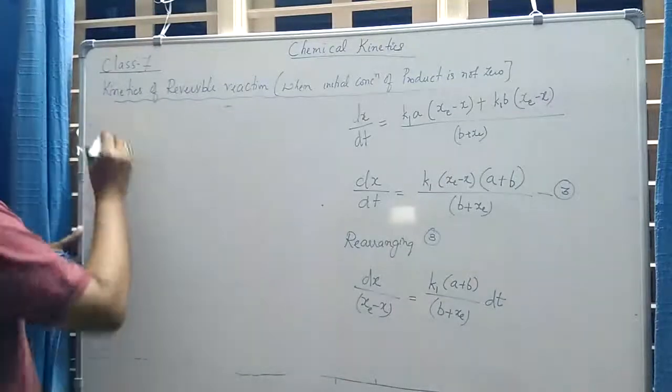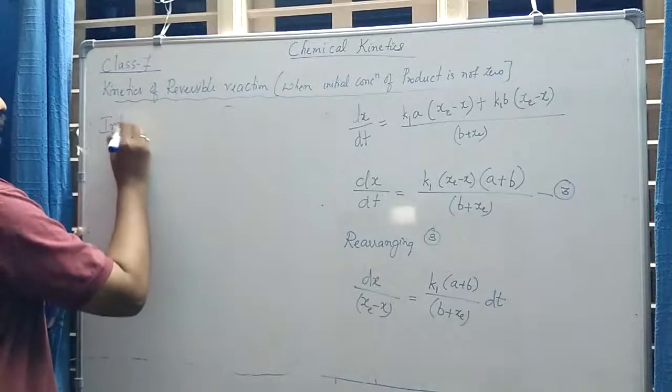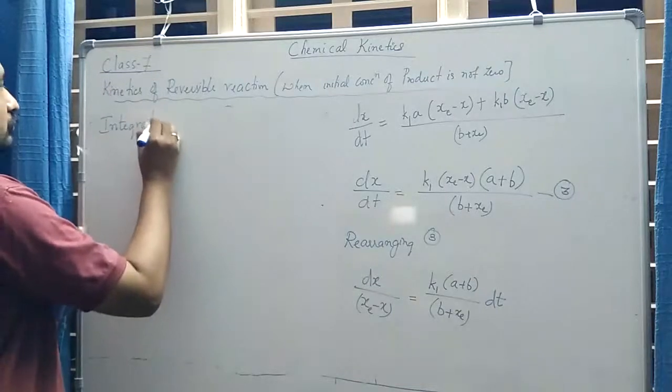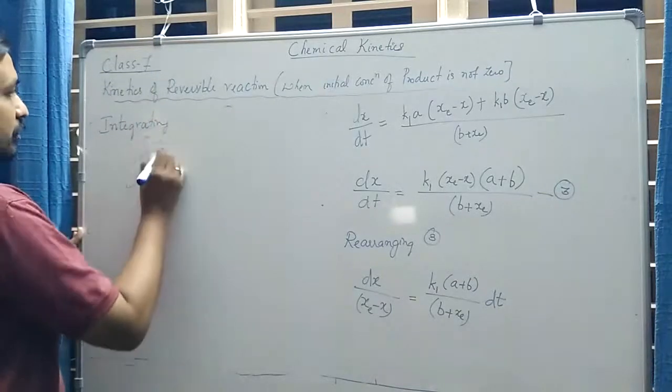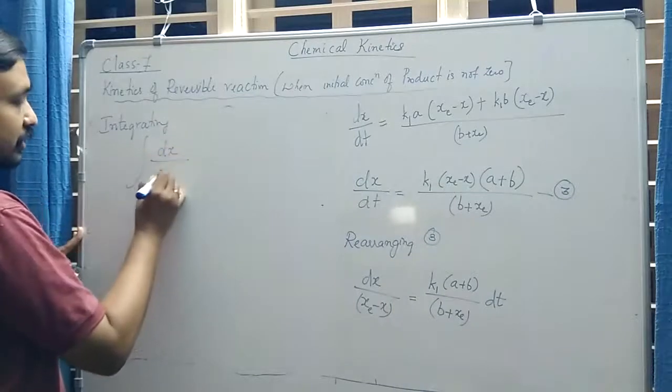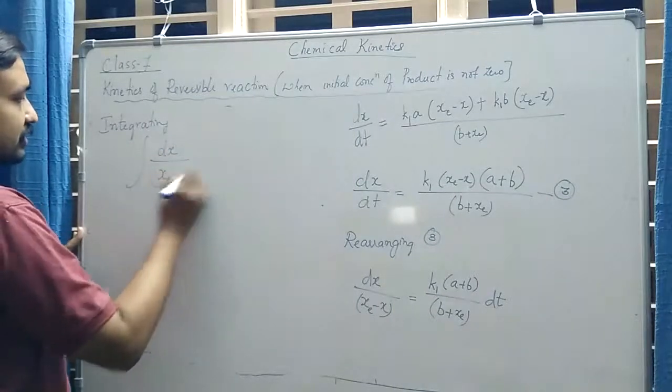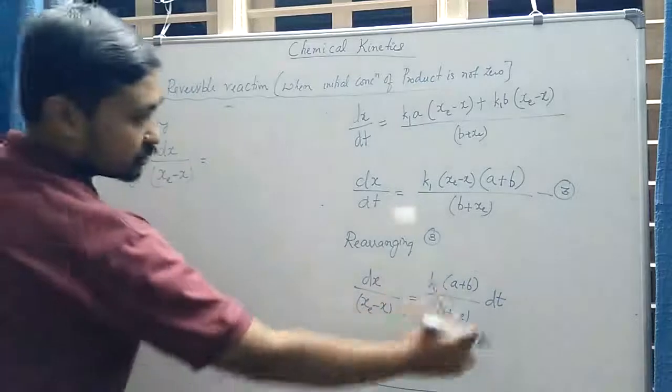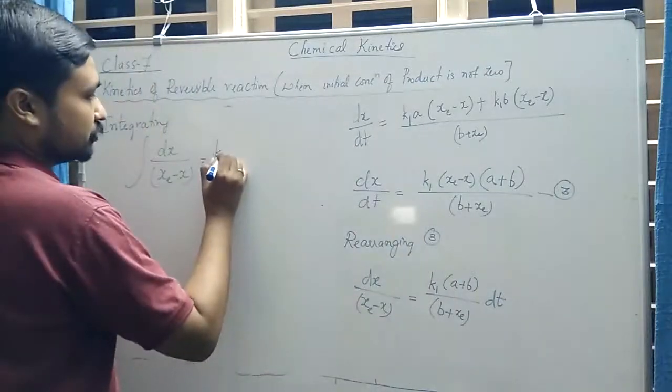So on integrating, we get the integration of dx divided by xe minus x is equal to, all these terms are constant, so it can be removed from the integration.